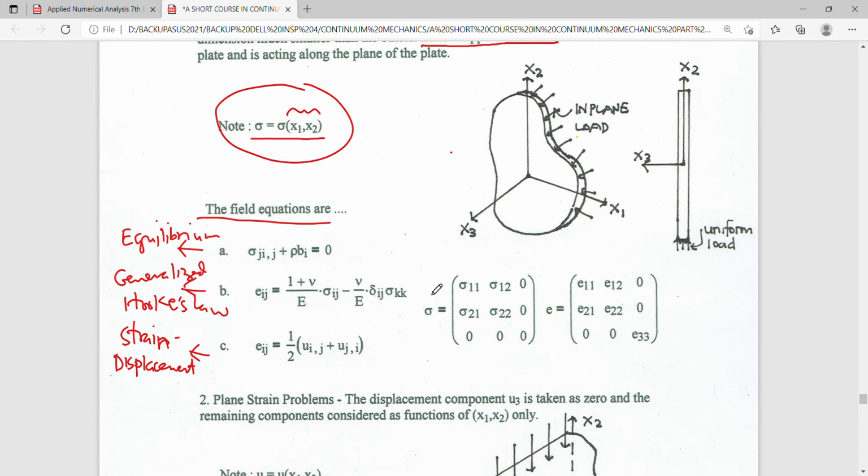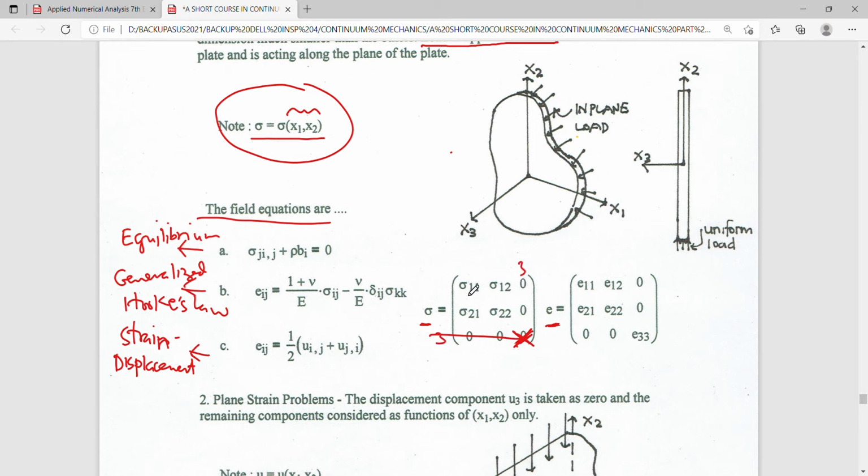So, ito ngayon yung ating stress tensor, and this is the strain tensor. Okay, so notice, sigma is only a function of 2. Automatically, you don't have any value, no, on the third axis.